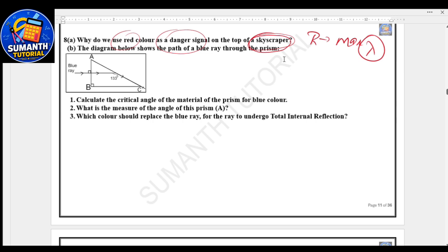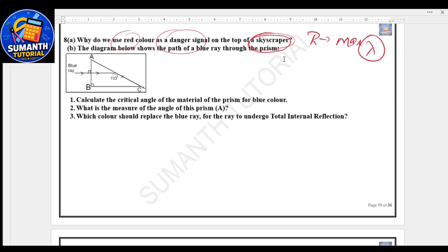The diagram below shows the path of the blue ray through the prism. Calculate the critical angle of the material of the prism for the blue color. What is the measure of angle of the prism? That is A. Then which color should we replace the blue ray with for the ray to undergo total internal reflection?